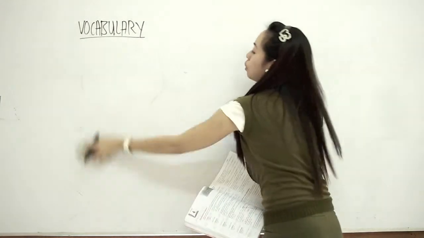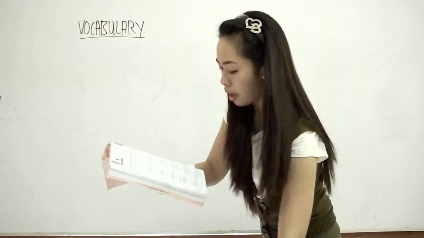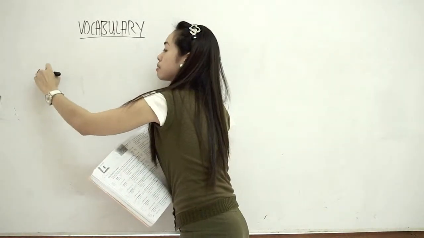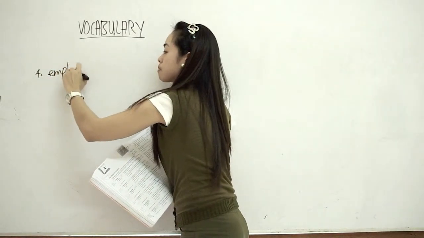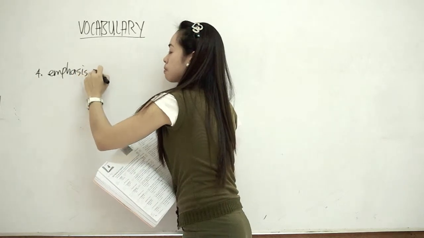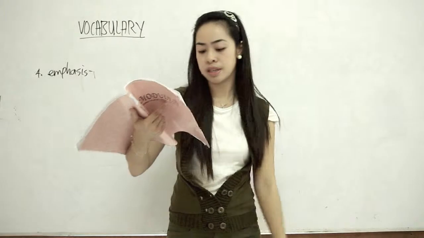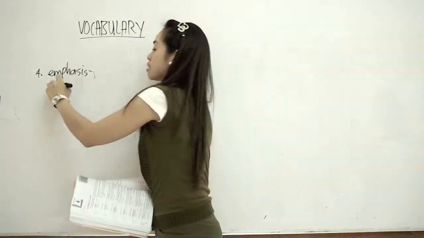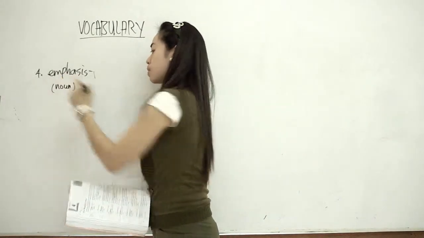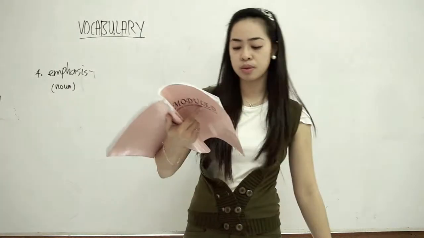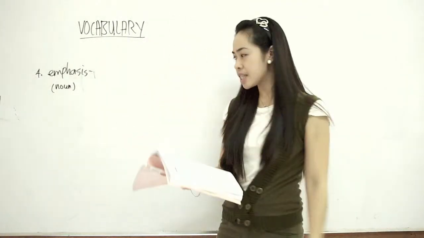The fourth word we have is emphasis. Okay, what do we mean by the word emphasis? Emphasis act as a noun here. So when we say emphasis, we mean to say something that is highlighted.